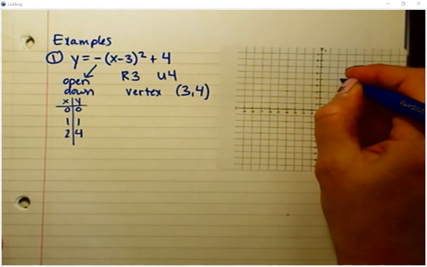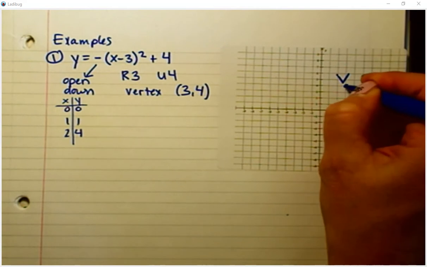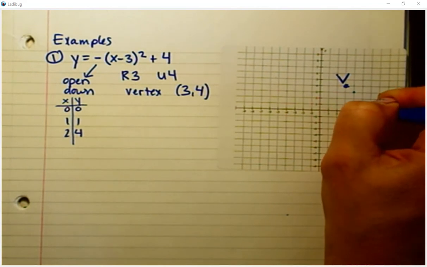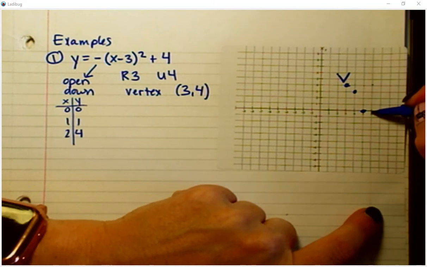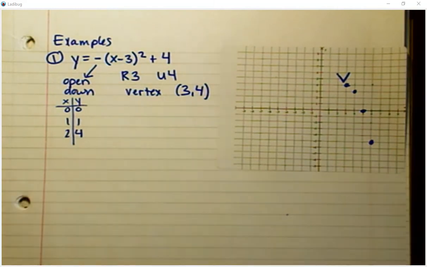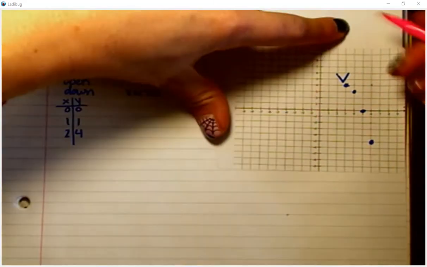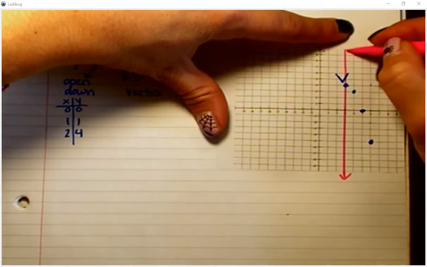So over 1, let me put a V here so that I know where the center of my graph is. 1, 1, 2, 4, 3, 4, 5, 6, 7, 8, 9. Then I'll just use my axis of symmetry.